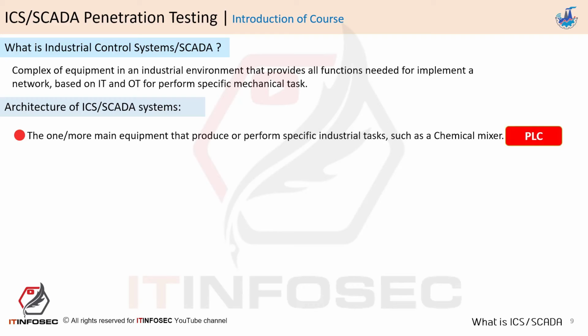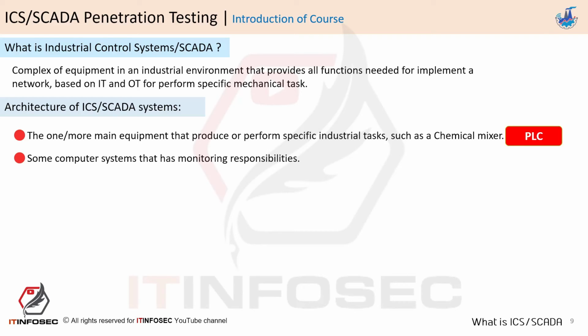This is called a PLC. A PLC is like a chipset that performs a specific industrial task again and again in a loop, for example, managing a chemical mixer for making materials.